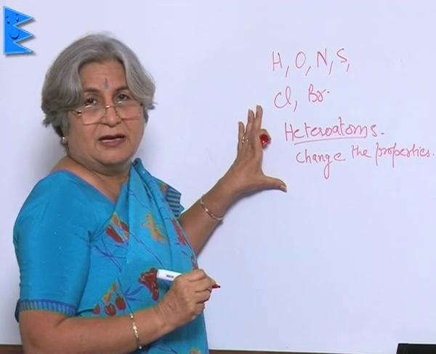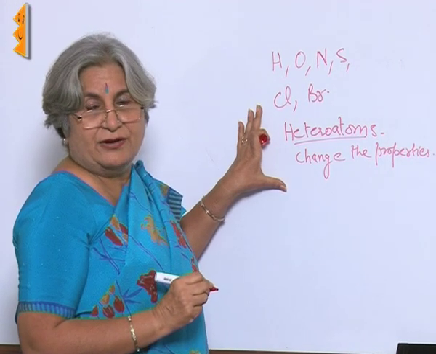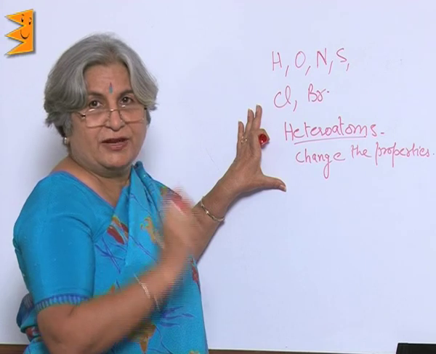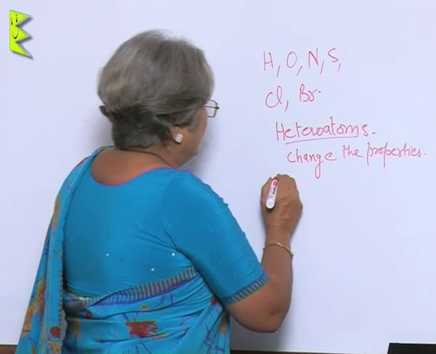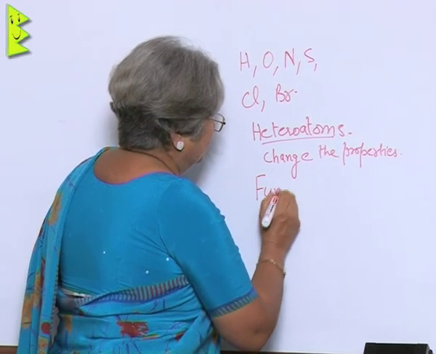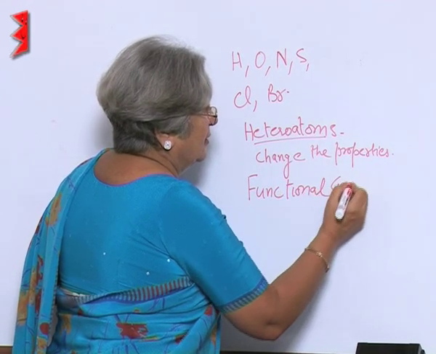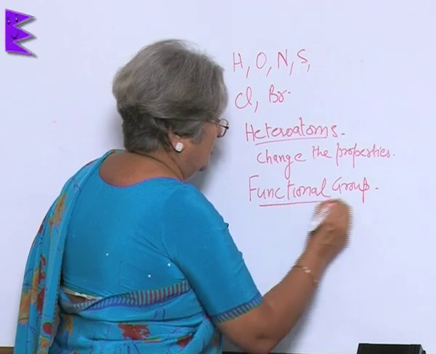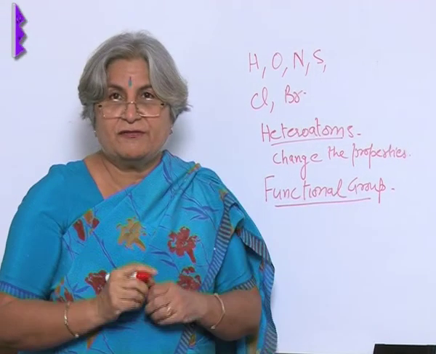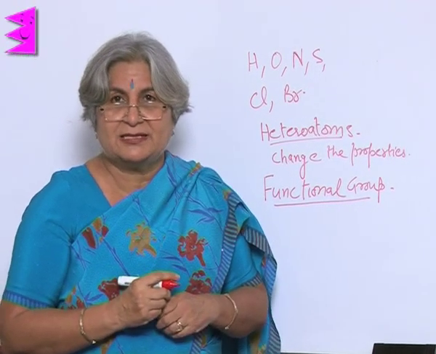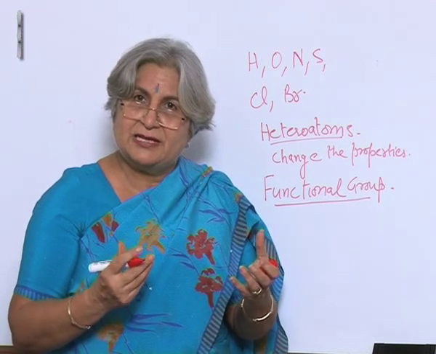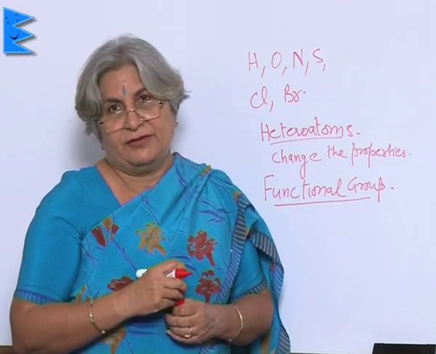Sometimes these atoms like oxygen and hydrogen are present in a specific way, and that is called the functional group. Like members of a family, brothers and sisters, the siblings, they may have some differences, but still there are some common features.